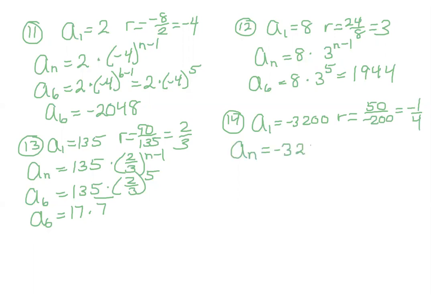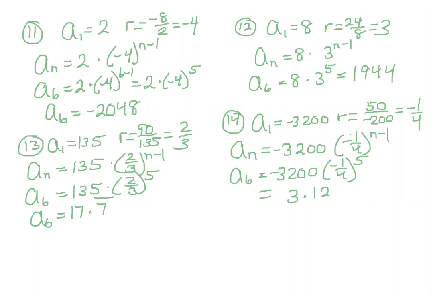You're going to get the same thing. -1/4 to the n minus 1. So A6 is this, which equals 3.125. All right, that's if you're given or can figure out A1 and R.